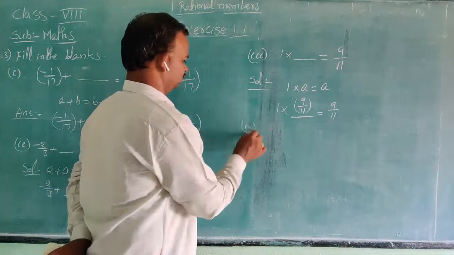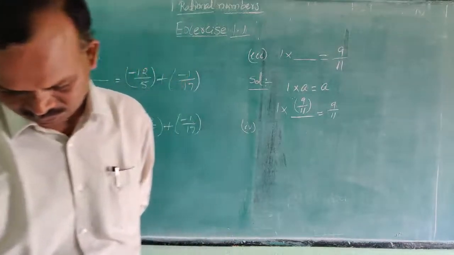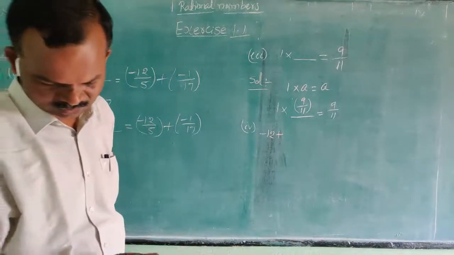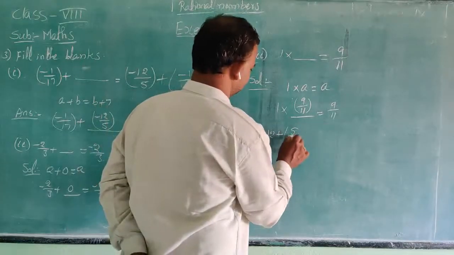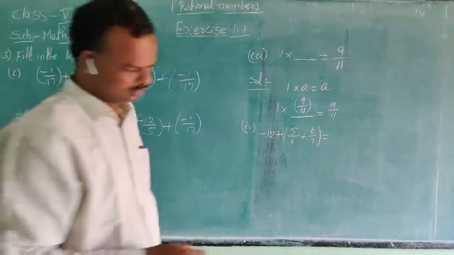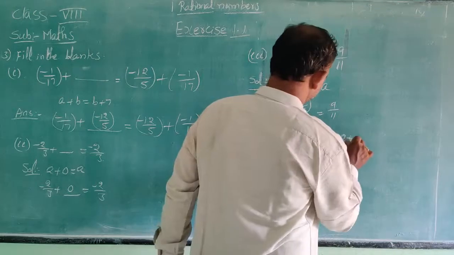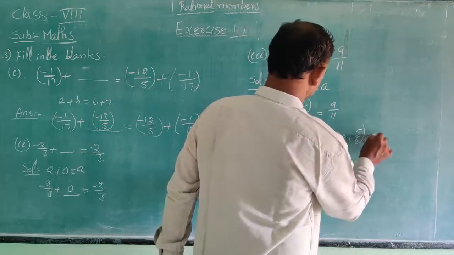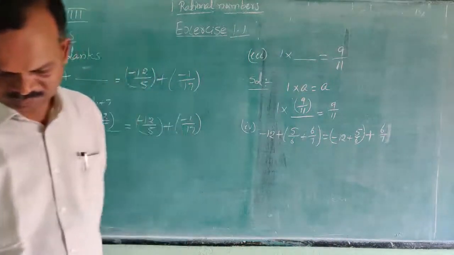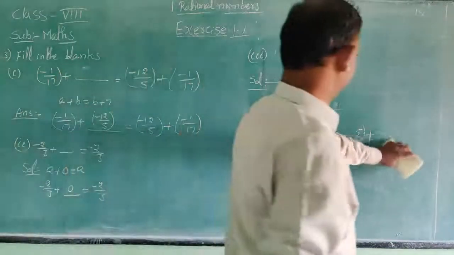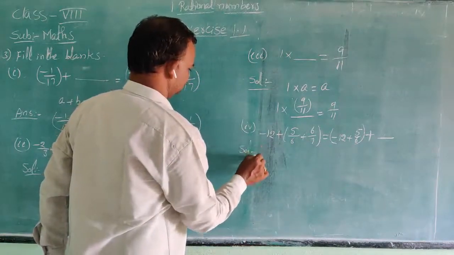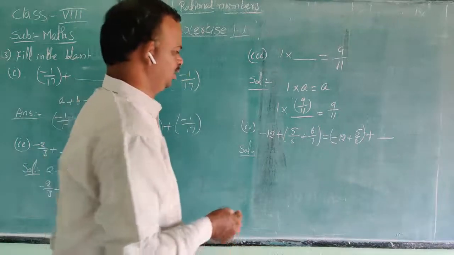Next one is minus 5 plus 6 by 7 is equal to plus 5 by 6. Associative property.